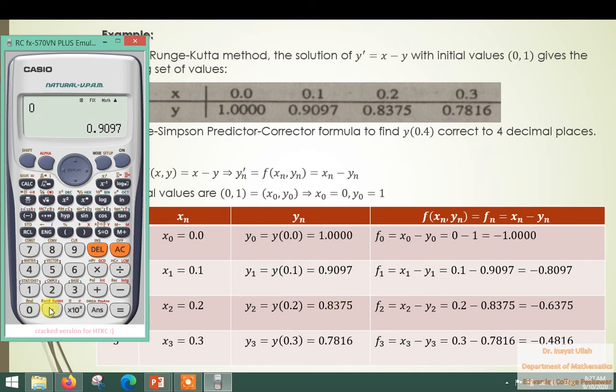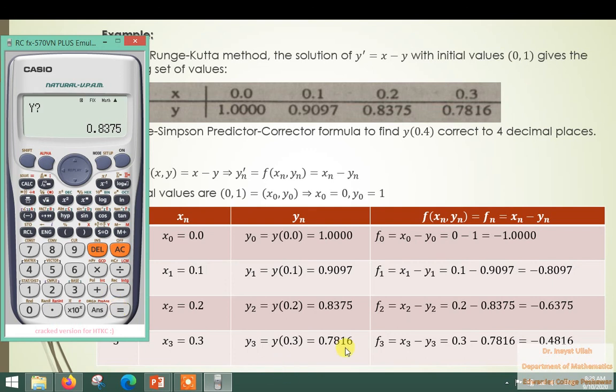Now press the equal button, and you get minus 51 by 80, so that is minus 0.6375. Now again press the equal button, asking about x. x is now 0.3. Press the equal button, asking about y.